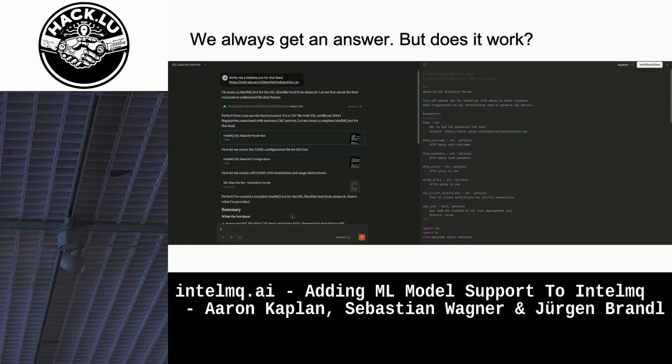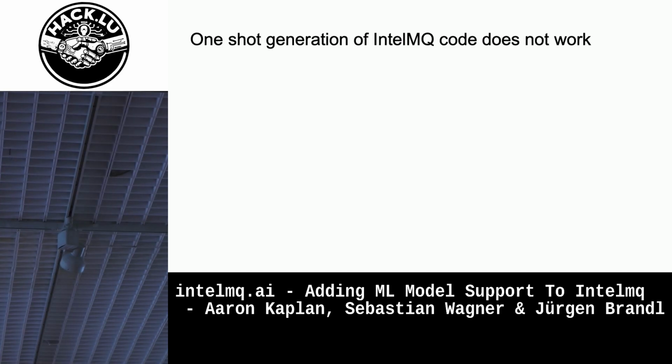They know what IntelMQ is, but I think the best analogy is if you would hand me a basketball and tell me to throw a hoop, there is a slight chance that I might get it correct the first time around, but there is a very high probability that I will not hit the hoop. I can increase my odds by throwing the ball repeatedly, or I can move closer to the hoop, but one-shot generation with LLMs, especially with chat interfaces, is a very similar problem.